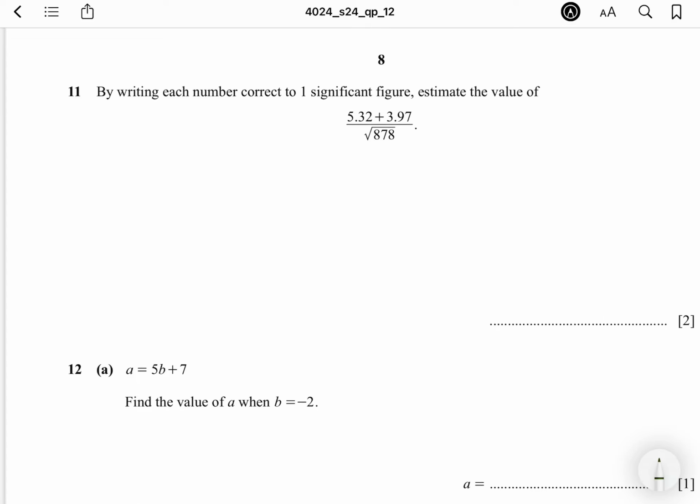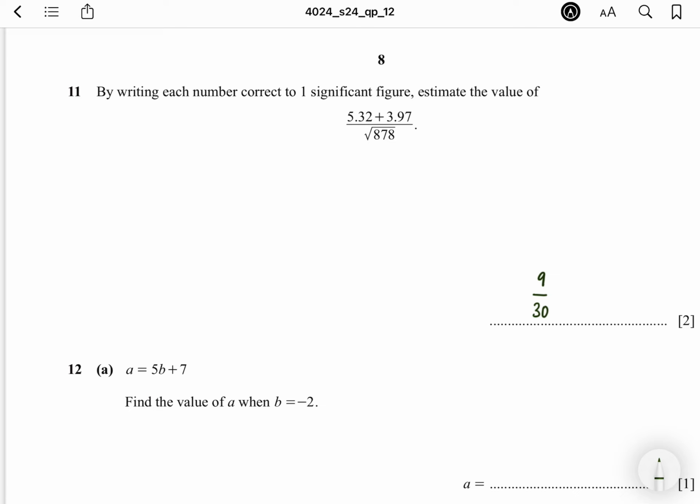Alright? Let's move on to question number 11. Again, this one. If you give me 9/30, you can only get 1 mark, because it can be simplified further.